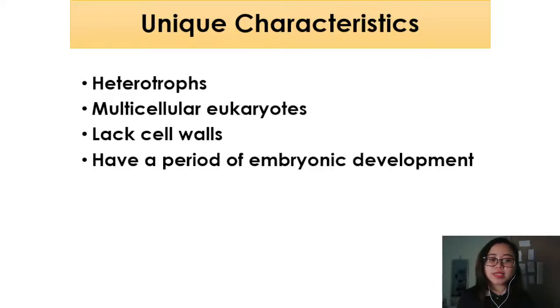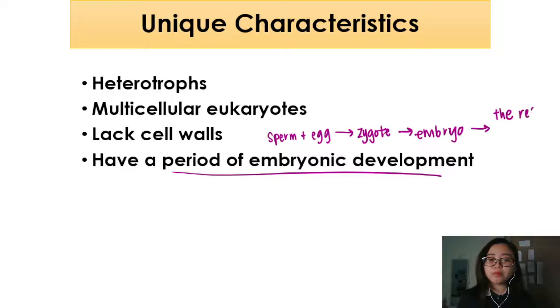Let's have a look at this thing about embryonic development. What does it mean by period of embryonic development? This means that when the sperm and egg fuse and form a zygote, it will undergo a stage as an embryo before it is born or hatched and continue with the rest of its life.